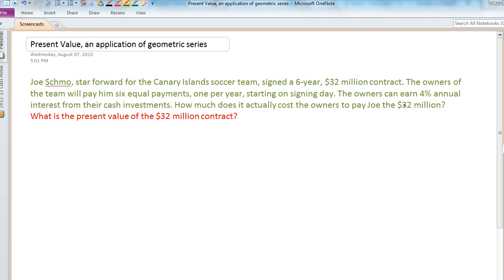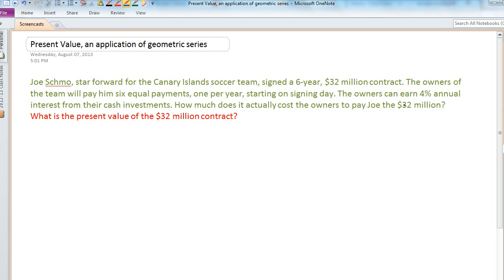How much does it cost you to pay $32 million? That question is the same as, what is the present value of the $32 million contract? The reason they use that language, present value, is that let's say the owner of some other team wants to buy Joe from you. He's going to ask you, hey, how much is it going to cost you to pay Joe that $32 million contract?